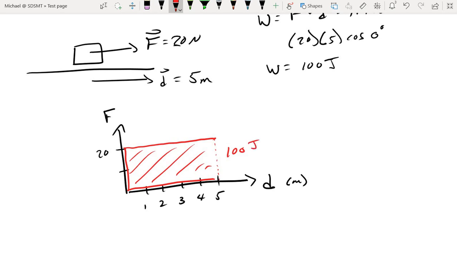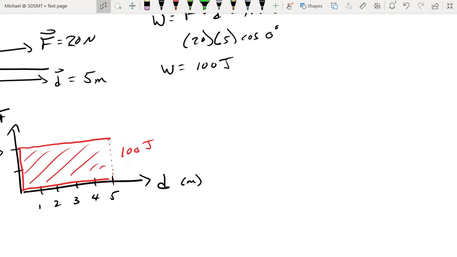And, well, that's exactly the work that was done. And that's what the integration does. The integration is just the calculus way of adding up all of the area that's underneath that curve.